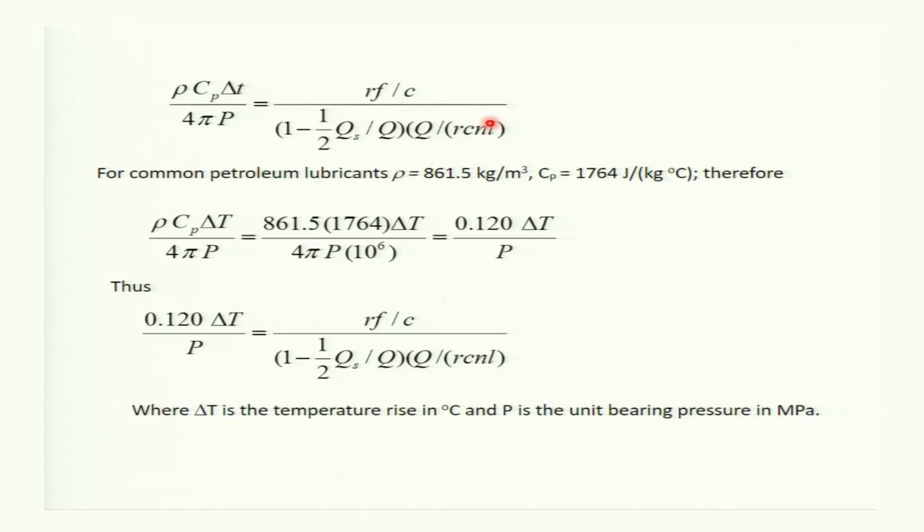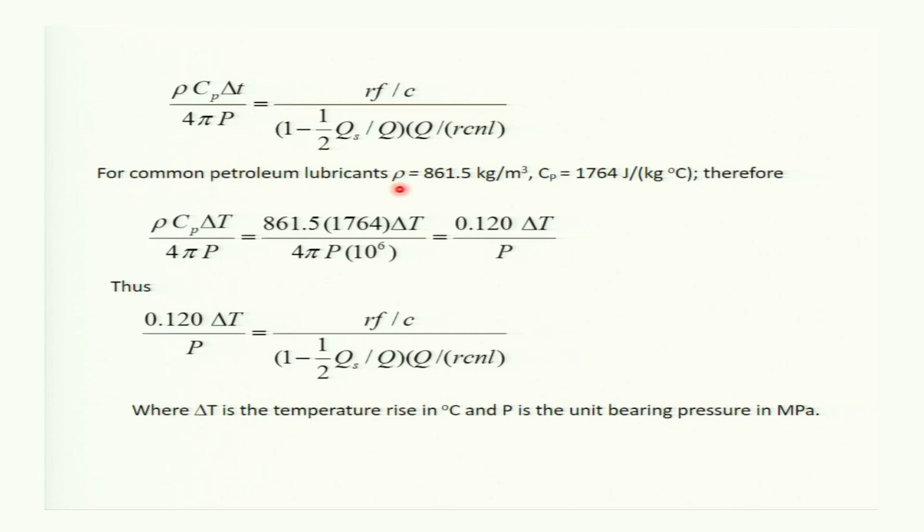The previous equation is arranged in such a way that we have the performance parameters as per the Raimondi and Boyd charts. We have RC divided by F chart, we have QS divided by Q chart, and we have Q divided by RCNL chart. So, for any Sommerfeld number, we have these values.